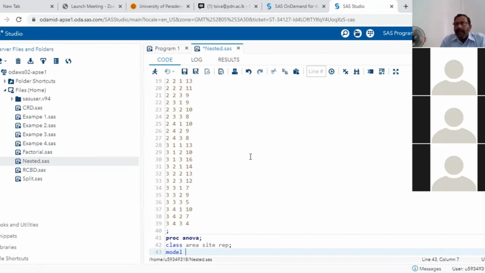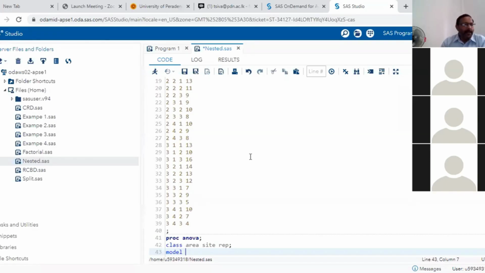Two factors. What are the factors? First factor is area. Second factor is site. So two factors are involved here. On the other side, we have replicate, but replicate is not a factor.